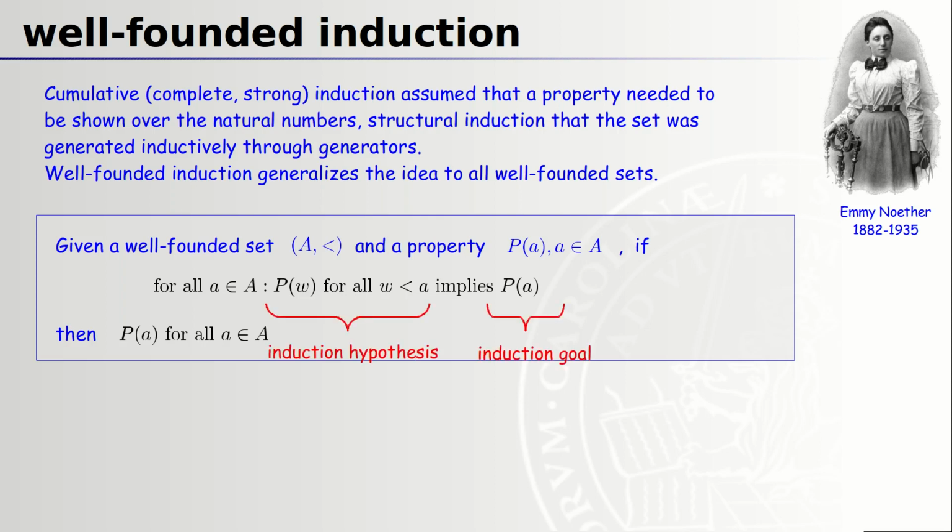So the induction hypothesis is, given an element A, that all smaller elements have that property. And our induction goal is to show that therefore A does. The art in applying this technique is often, just as in the case of well-founded recursion, to identify a suitable order. However, if you do it, it can greatly simplify the proof when it has been found.